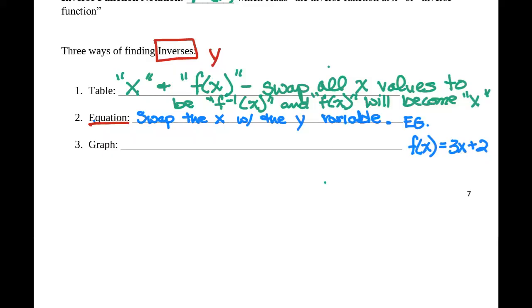You initially, because this is y, you are going to swap out the x and the y. So now you're going to say x is equal to 3y plus 2. So you swap the x with the y variable, and then I should have added, and then solve for y.